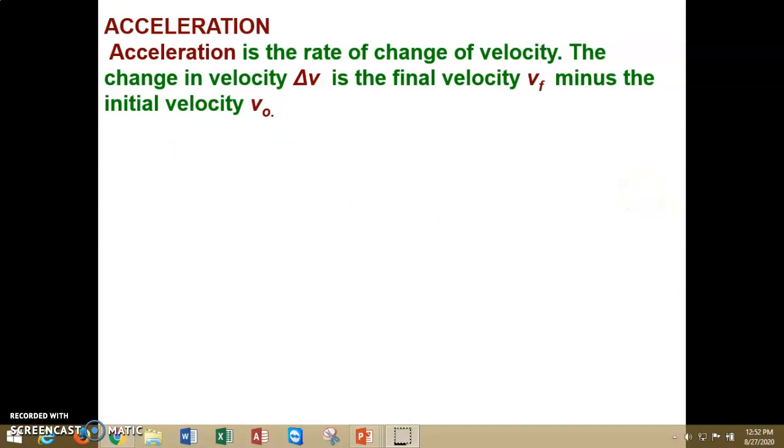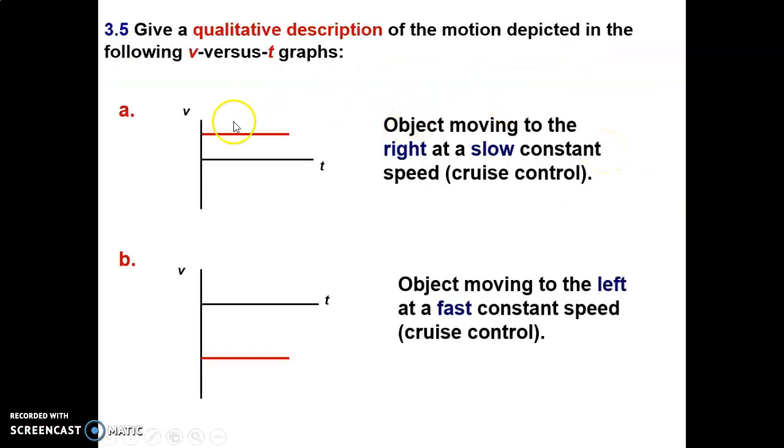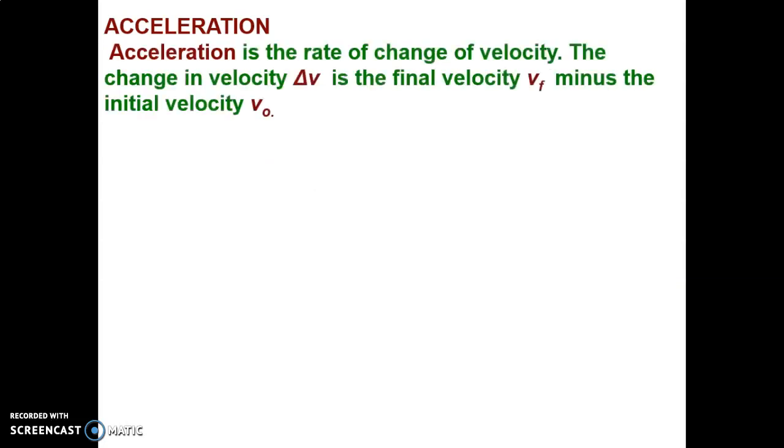What happens if this is not a flat line? What if this line goes up like that, has a positive slope? What does that mean? Well, that means your speed has changed. I'm going to call this acceleration. This is the definition. This is a fact. You can write this down on your list of facts.